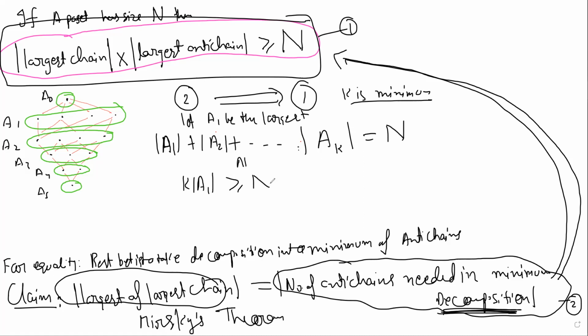Now what? A1 is the largest. That's right. Yeah. K just equals the length of the largest chain.